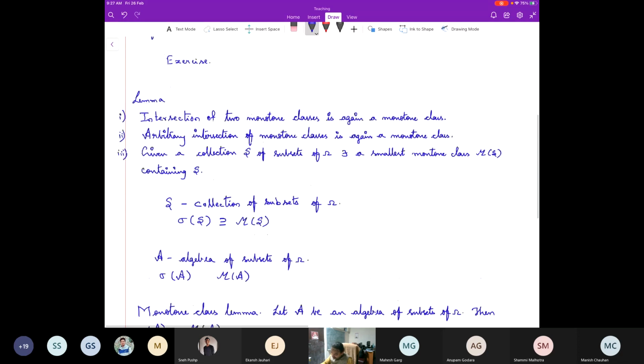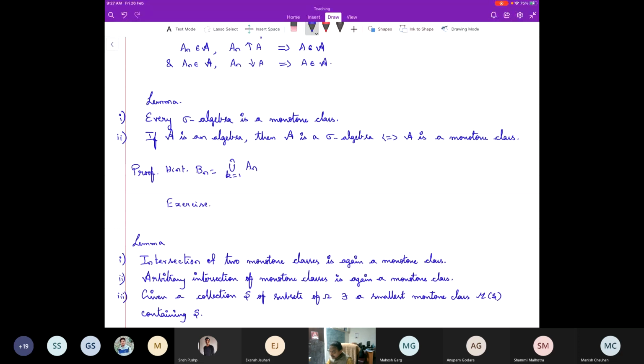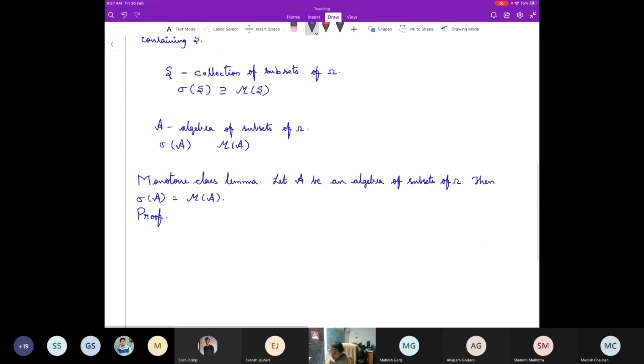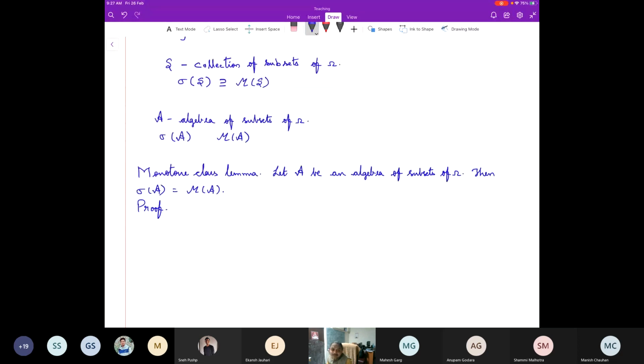Right. So let's look at this. If you have an algebra, then it is a sigma algebra if and only if it is a monotone class. Now, I have a monotone class. If I can show that this M of A is itself an algebra, what will that prove?